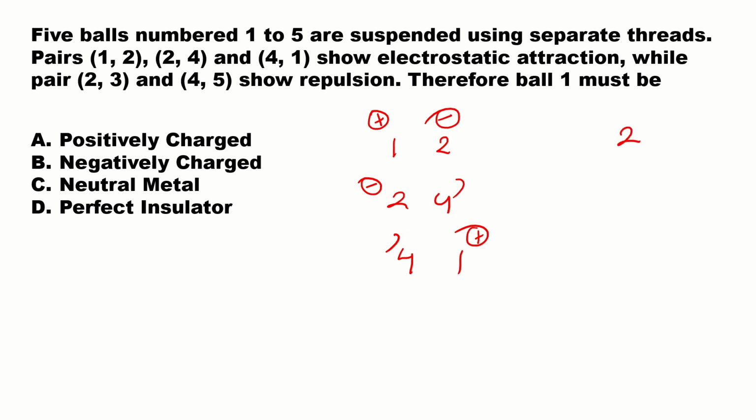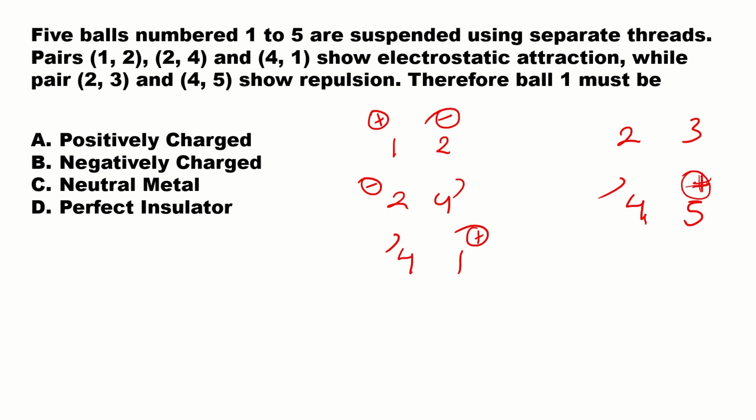And then we have 2, 3, 4, 5 show repulsion. However, this cannot be possible since 4 is neutral and 5 shows repulsion with 4, which means 5 and 4 must have the same type of charge. So if 5 is positive, 4 must be positive, if 5 is negative, 4 must be negative. Therefore 4 cannot be neutral.